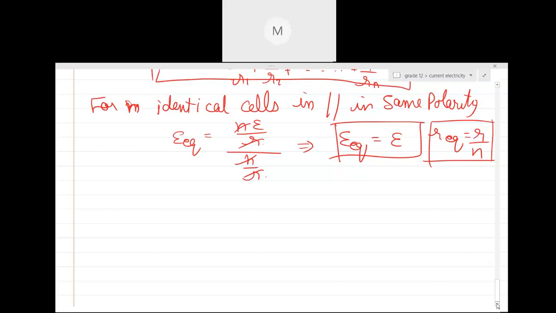Then I'll teach you Thevenin when I teach you RC circuits. Chalo, reading battery grid.